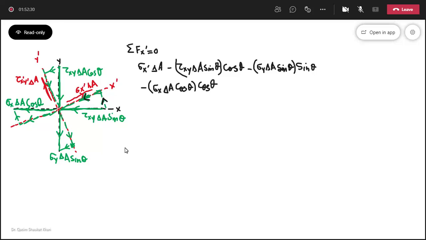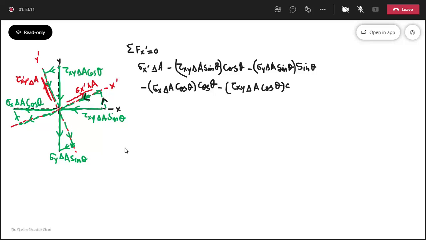Okay. The last one will be tau xy delta A cos theta, and the component will be this one. So tau xy delta A cos theta into the component. What will it be?